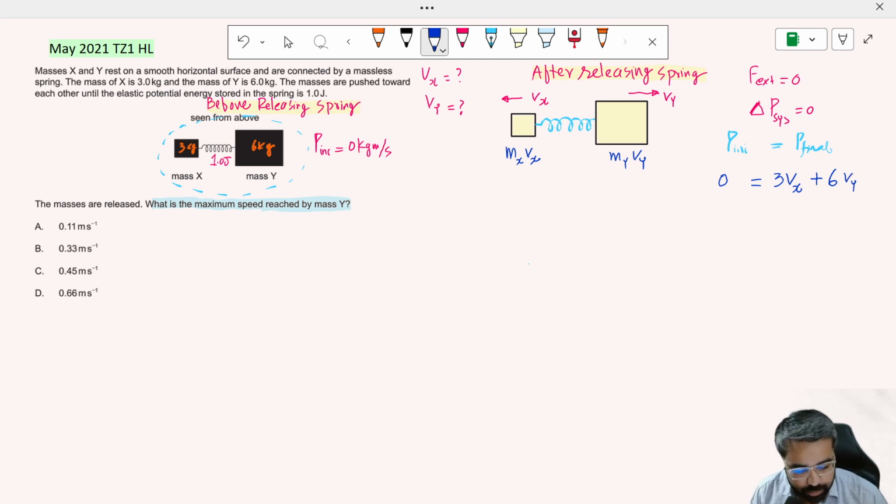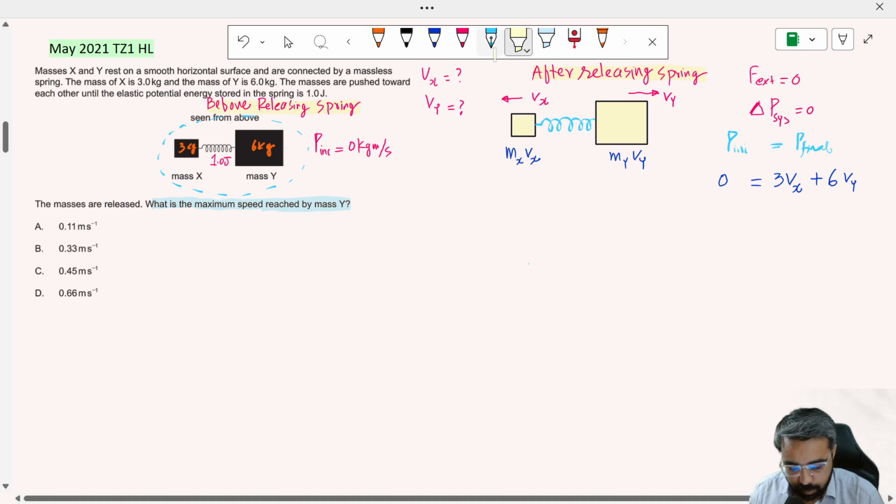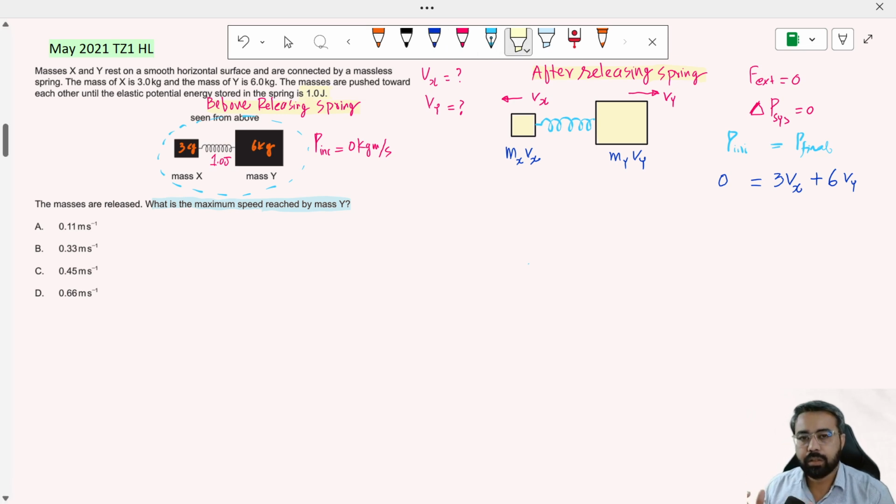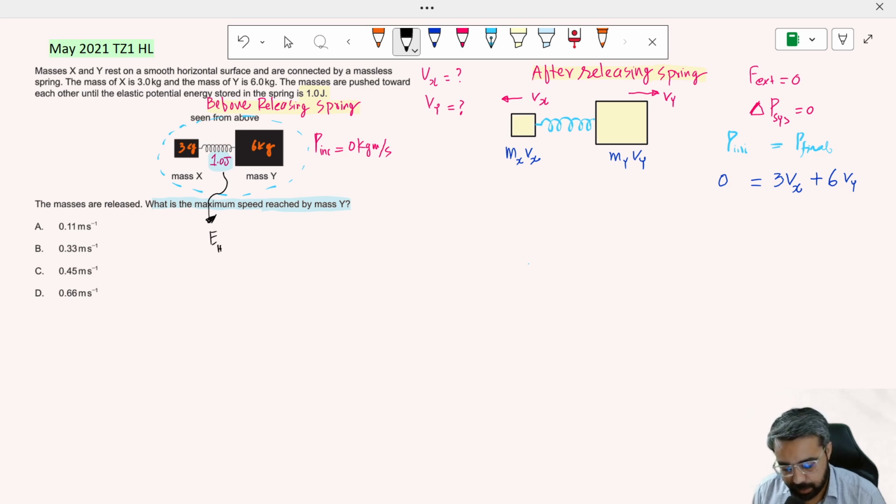Now this can be equation 1, but let's go first to the other principle, because we know that it has stored 1 joule of energy. Now how is the conservation of energy followed, or how is the energy conserved in this example? So it is the elastic potential energy. You are well familiar with this energy that is stored in the spring, which is in our curriculum.